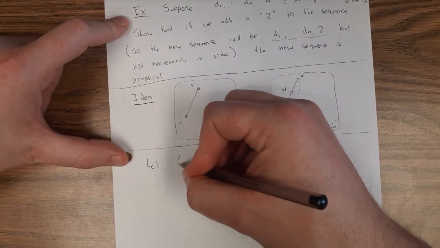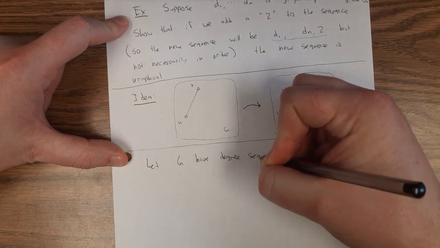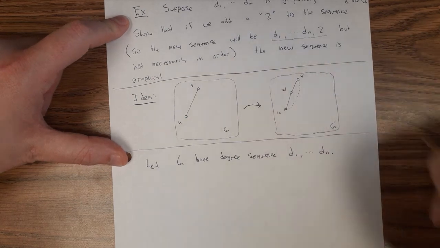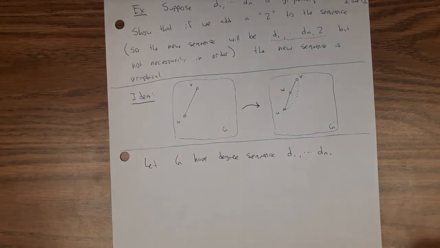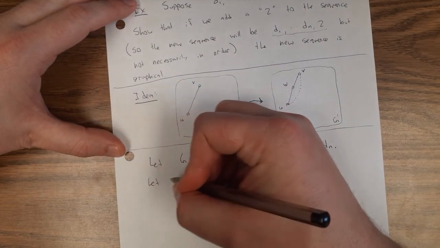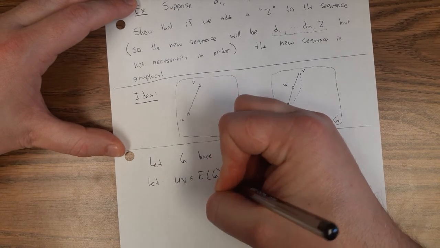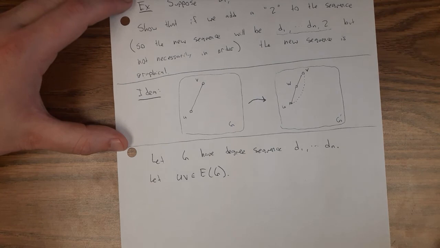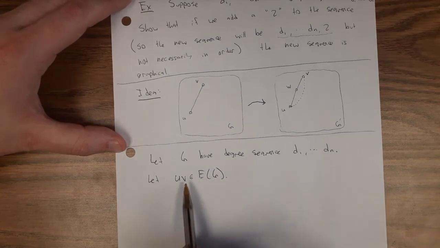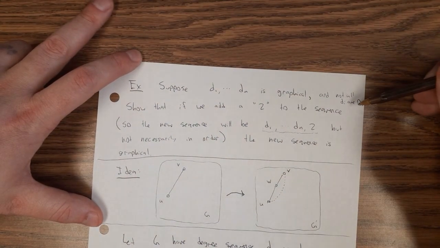Let G have this degree sequence. Let UV be an edge of G. By the way, we know there is an edge of G because the d sub i are not all 0.